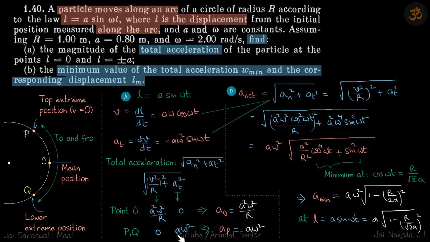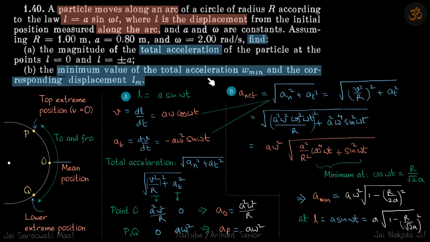I'm just writing the magnitude here. So net acceleration at O will be just A square omega square by r, because the other term is 0, and at P and Q the magnitude will be A omega square. So this is the answer of the first part, total acceleration.